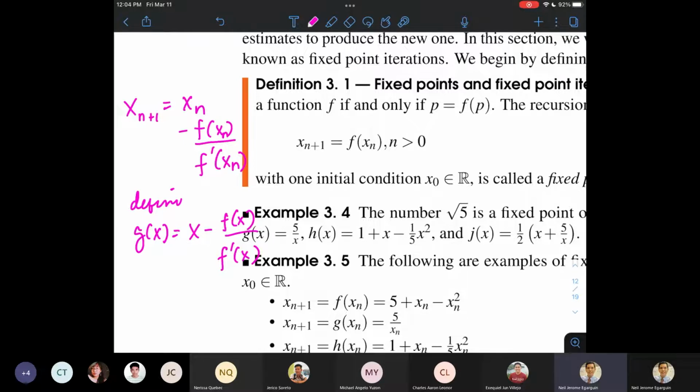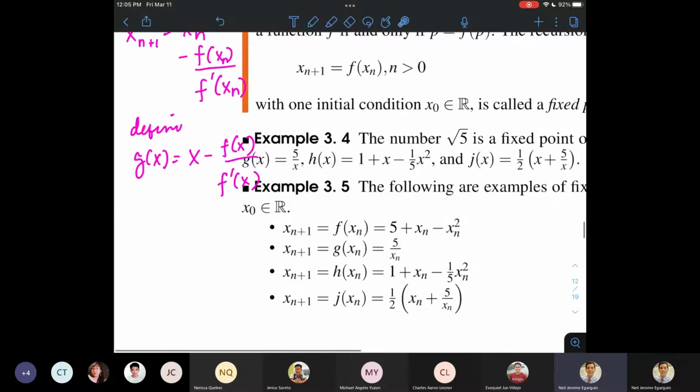And then we see that indeed Newton-Raphson is a fixed point iteration. So given ka ng isang function f, dinidefine mo yung function g to be this guy, all right? x minus f of x over f prime of x. So ibig sabihin, pwede nating masulat yung Newton-Raphson iteration in this way, g of x sub n. So indeed, talagang yung Newton-Raphson ay isang klase ng fixed point iteration.